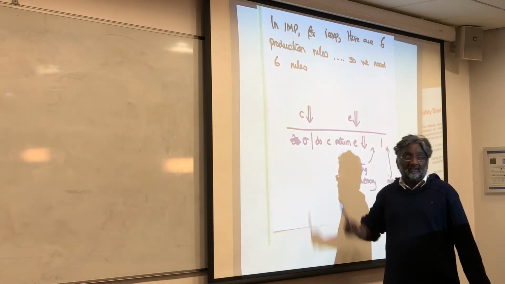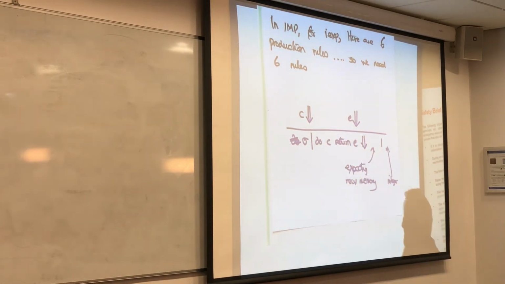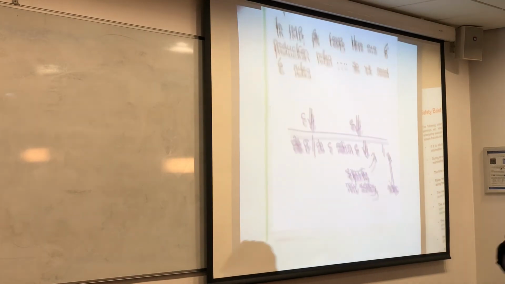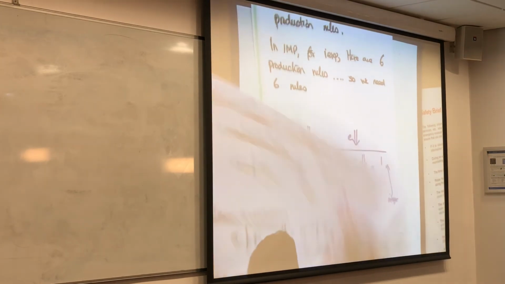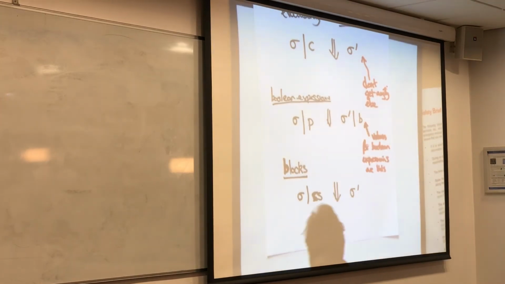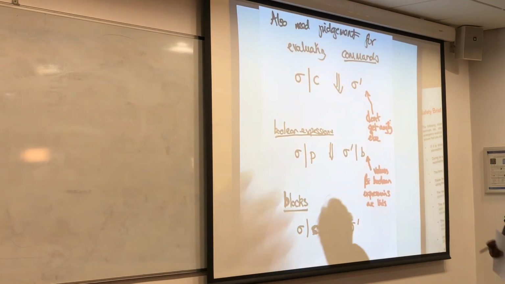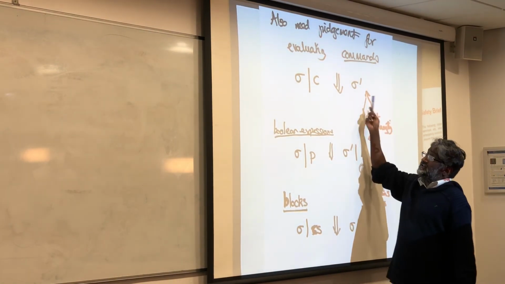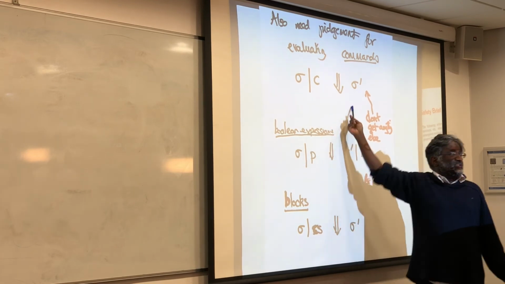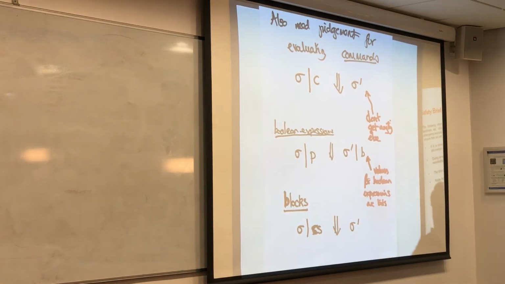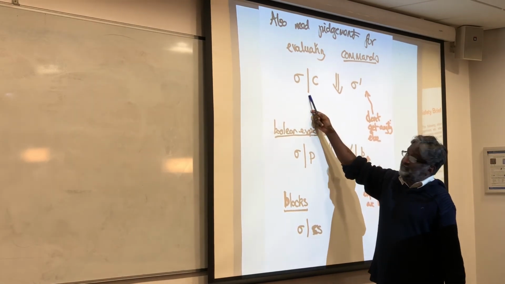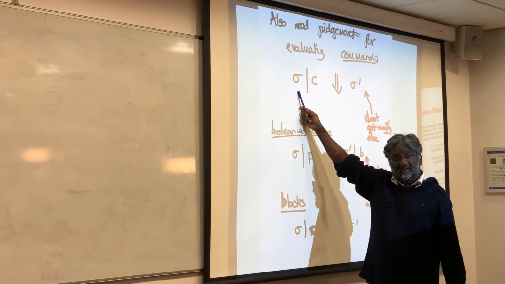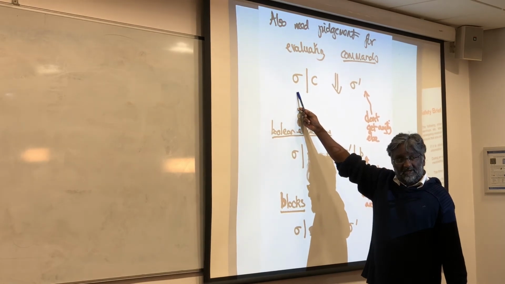If I'm evaluating C, what does the judgment form for evaluating commands look like? There we are. Whenever I'm evaluating a command, it must look like this. This is why it's a judgment form: it tells you the shape of it. I can't just evaluate a command. I need a vertical line before, I need the memory that the command must be evaluated in.